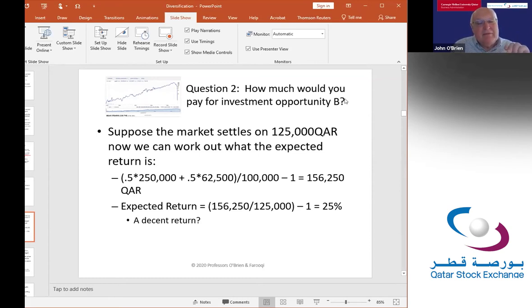Because our expected value of this is 156,250. So if you can buy it for 125,000, you are getting an expected return of 25%.